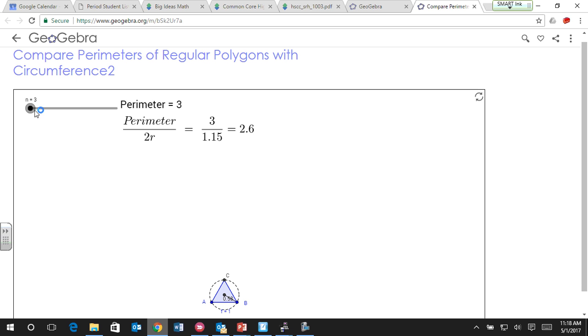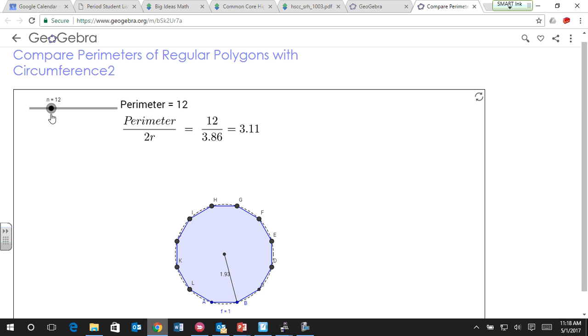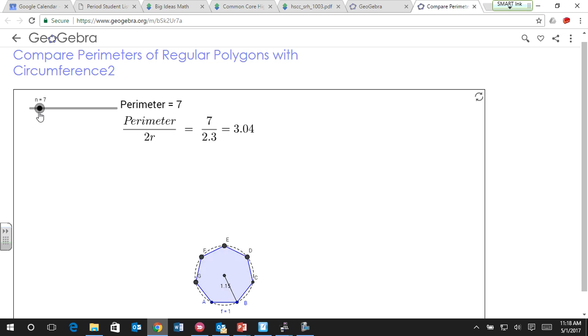And as I make more regular polygons, now it's a square. Now a regular pentagon, hexagon, septagon, octagon, nonagon, decagon, 11-gon, dodecagon. What's happening to the circle that circumscribed on?